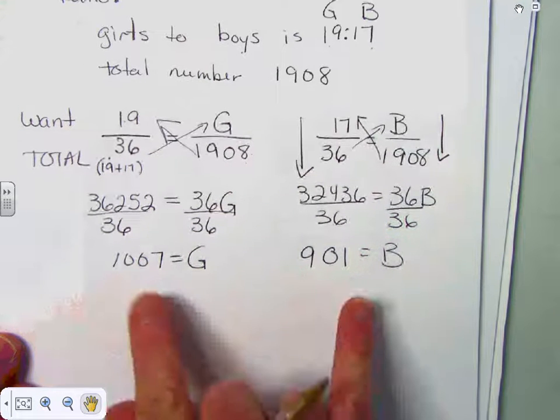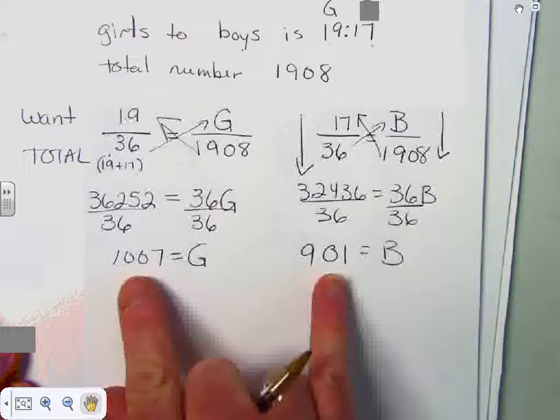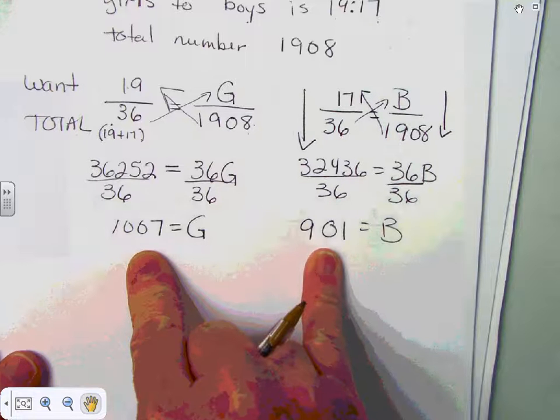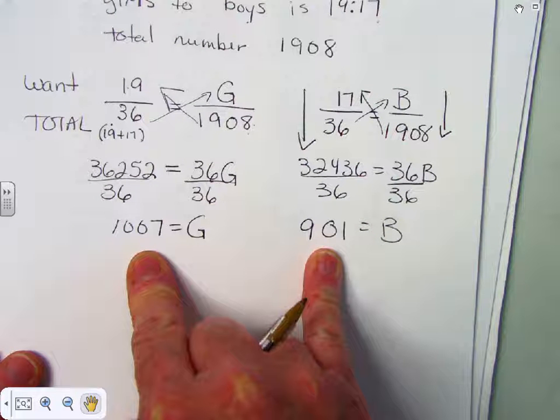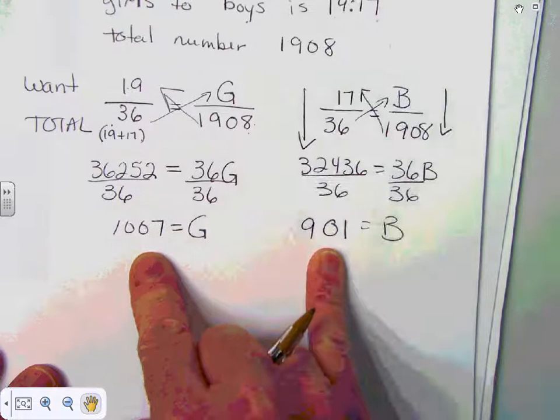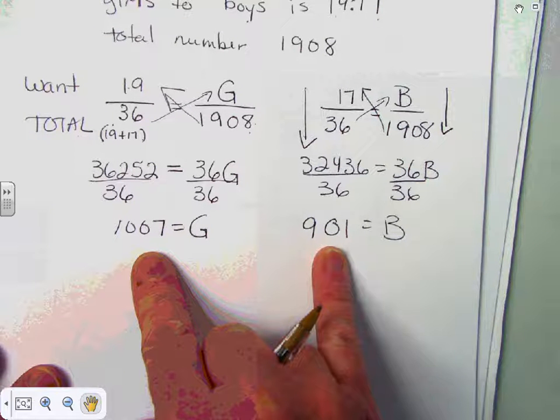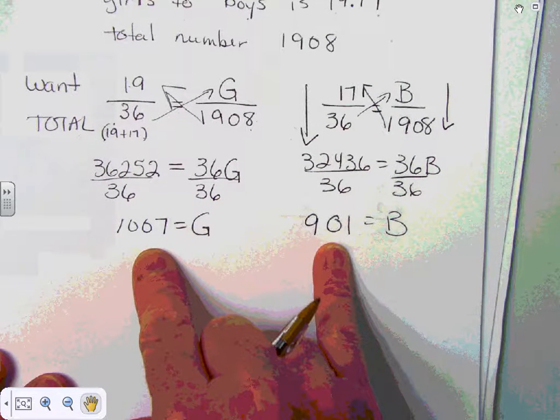Now, when you finish, these two boys and girls numbers better add up to be the original number of students or we're in trouble. We lost somebody somewhere. Okay? They're probably hiding somewhere. It worked out just fine. Was that overly difficult? No.